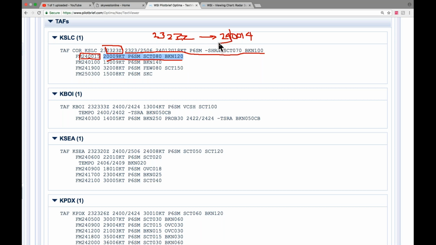So until this date and this time, this is the valid weather. Did that make sense at all? So the first line is only good for just less than an hour. Is that the way that's reading? Yep. Exactly.